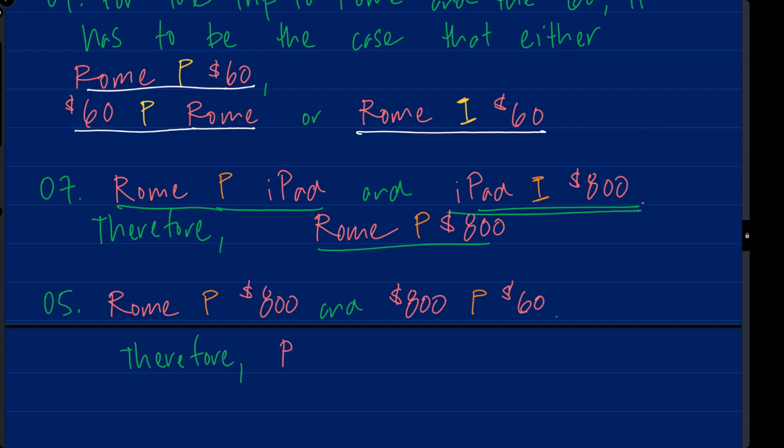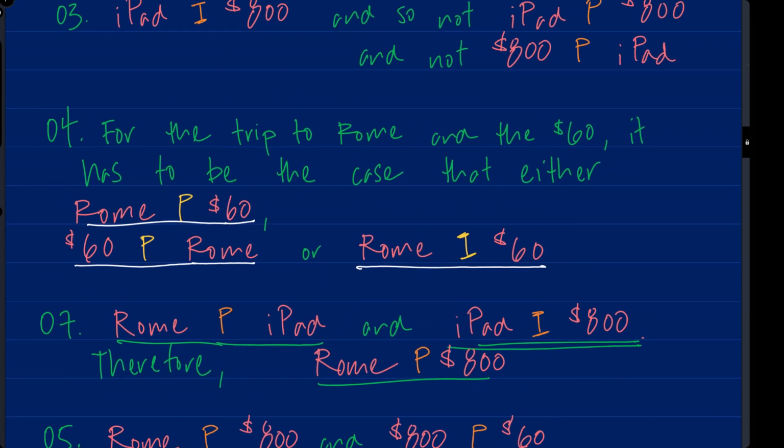Therefore, it has to be the case that I prefer Rome to getting the $60. Okay, so we've shown that this one has to be the correct one.